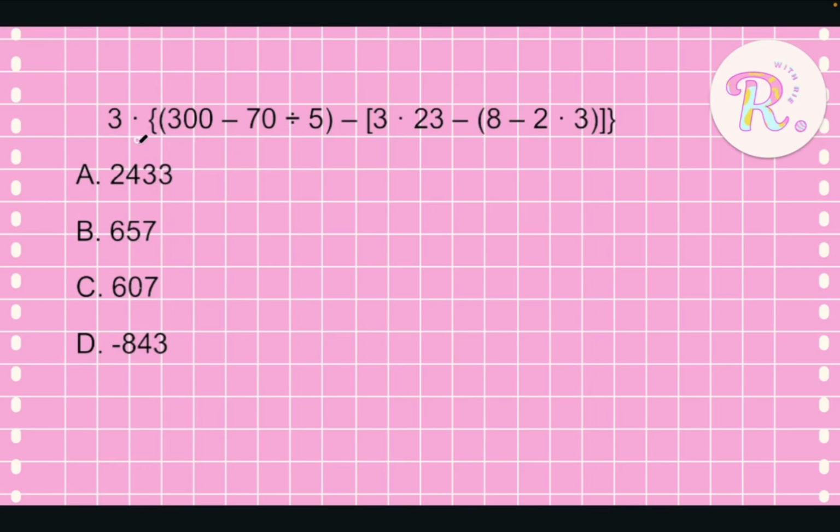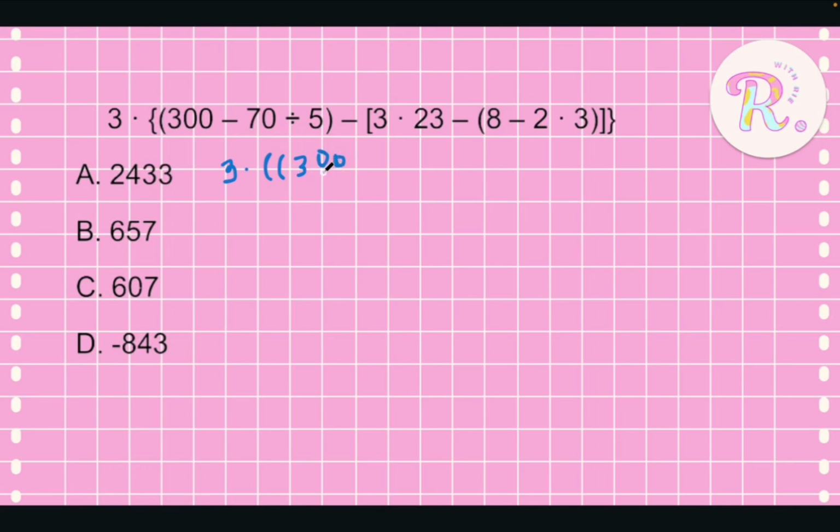Let's start. So here, we have to simplify first the parentheses. Okay? Just gonna copy here. 3 times. As I've said, the times right there, the dot, that's multiplication. Okay? So, 3 times inside 300 minus 70 divided by 5.